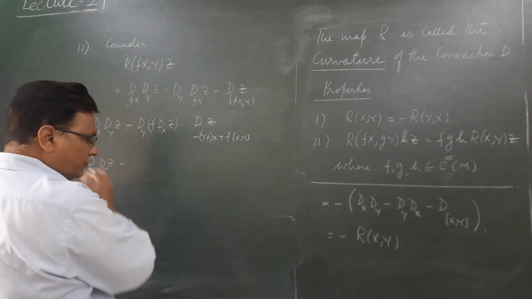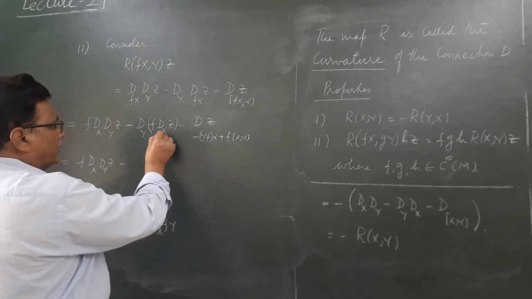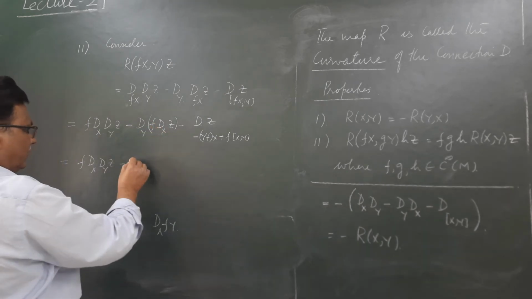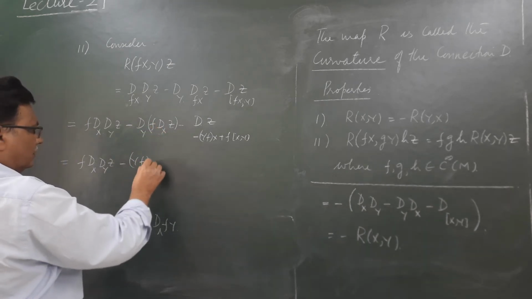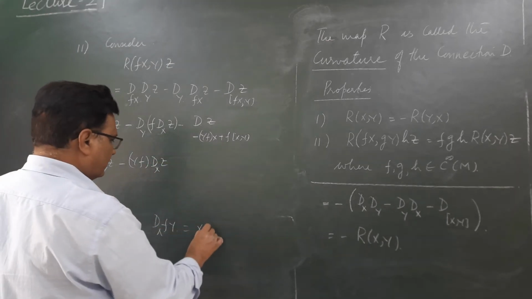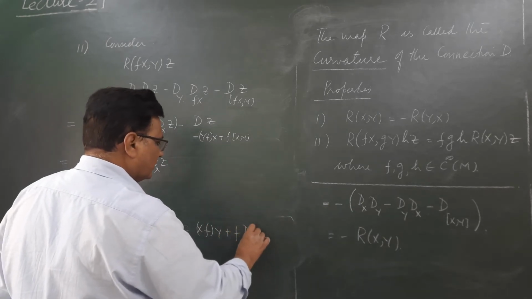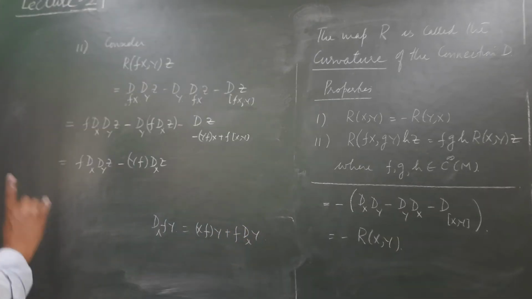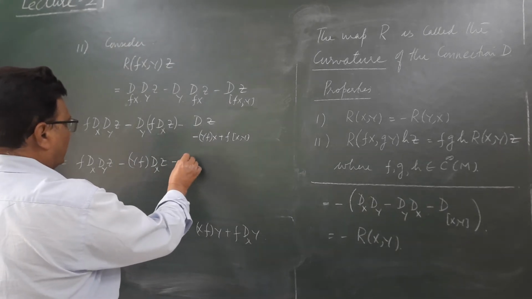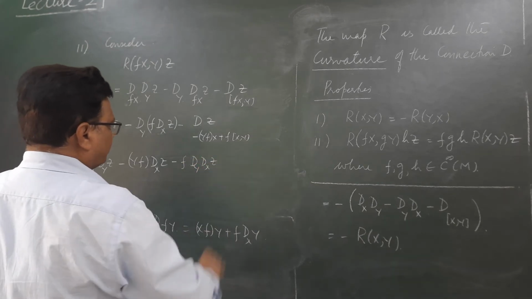So make use of the formula dx fy. This is a y-type thing. So it is equal to yf dx z. This is xf y plus f times dx y according to formula number 4 of the connection, and then minus once again f out dy dx z.